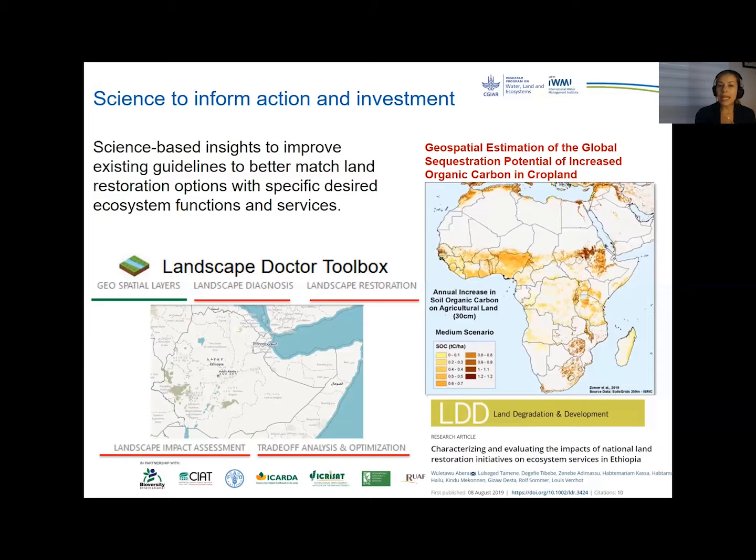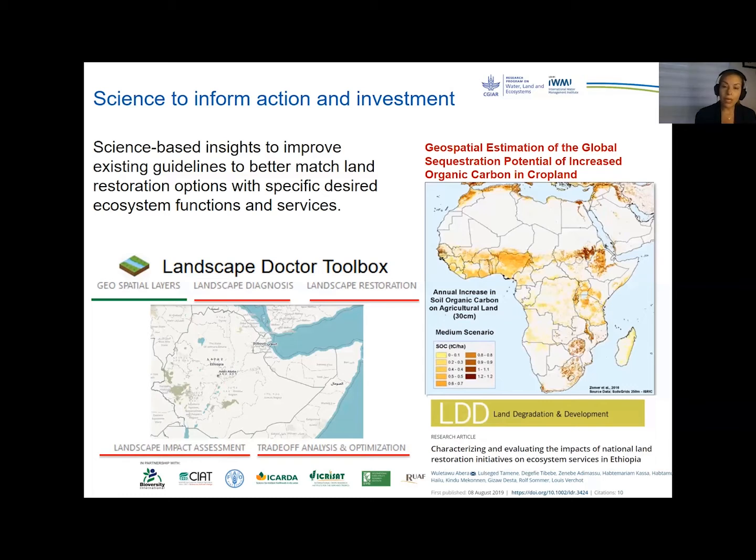WLE advanced quite a lot on developing these tools and maps for better targeting of restoration actions. For example, we developed for Africa a map that shows where there is the highest potential to sequester carbon in agricultural lands if these are better managed and restored.